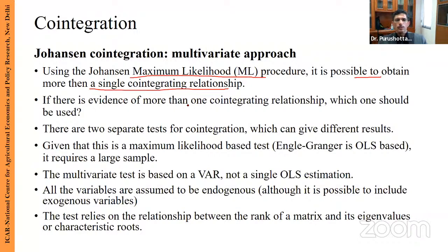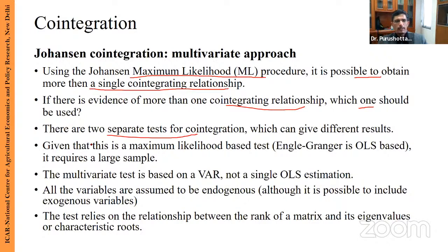So if there is evidence of more than one cointegrating relationship, which one should be used? That is what we have to look at. There are 2 separate tests for cointegration, one is trace statistics and another is maximum eigenvalue statistics.